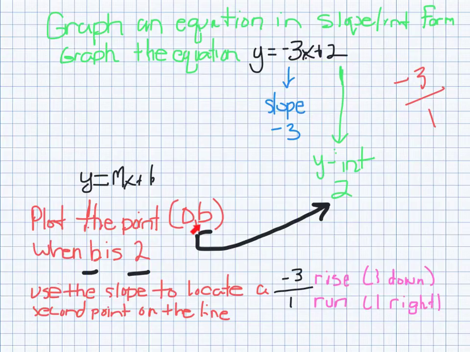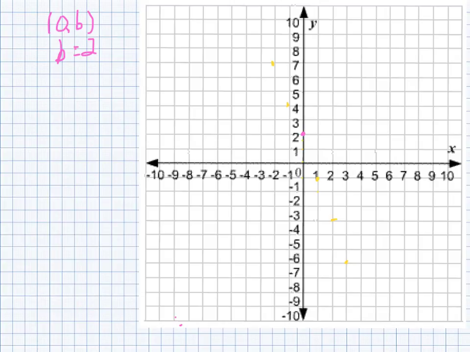And it wants you to plot the point (0, b), and b always represents the y-intercept, and that is 2. So b is 2. Let me go to the next page. Here, b equals 2, it's in pink, and you can see that 0, 2 is right there.